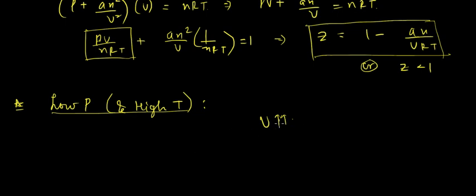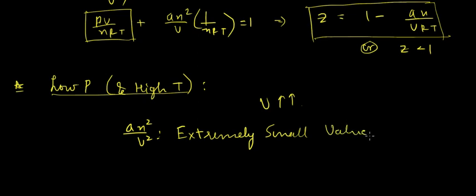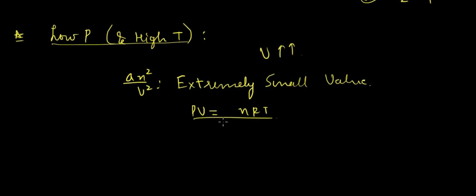Or rather, if it's been explicitly given also that volume is high, then what we can say is an square upon V square would be an extremely small value. So from here we can write PV equals to nRT, because an square upon V square would be a negligible term and V minus nb would be equals to V.